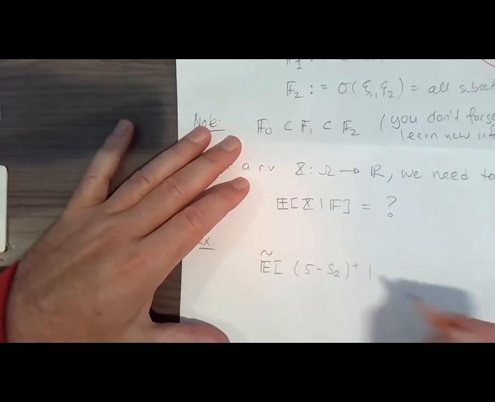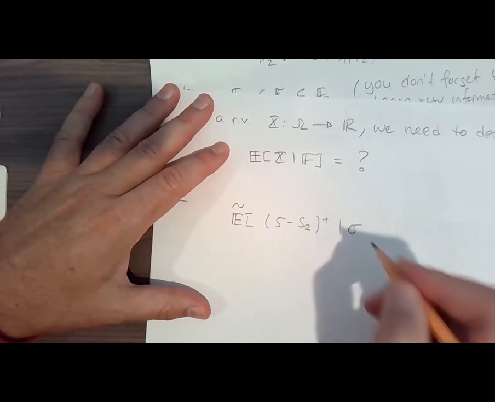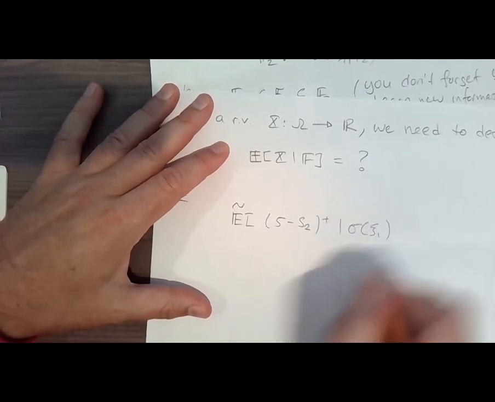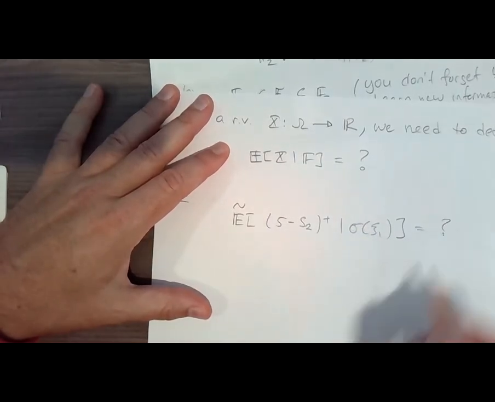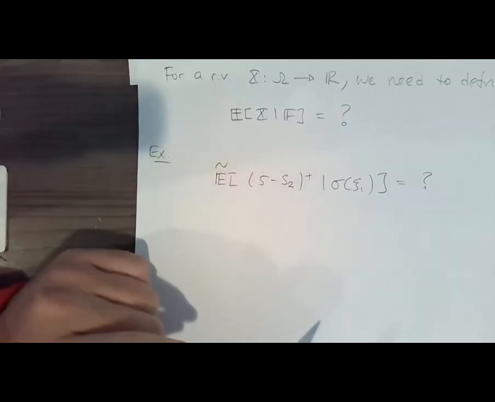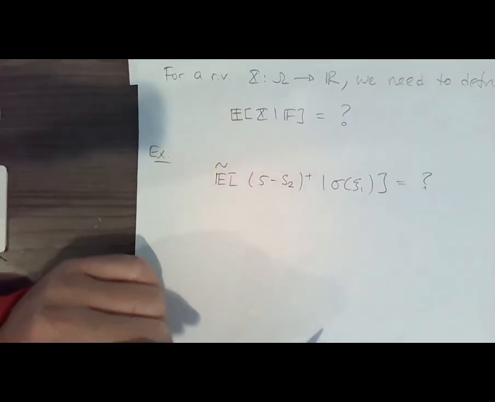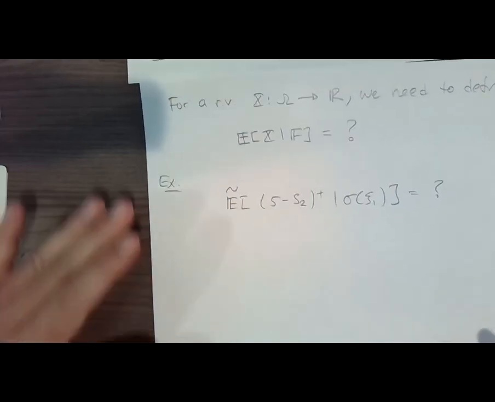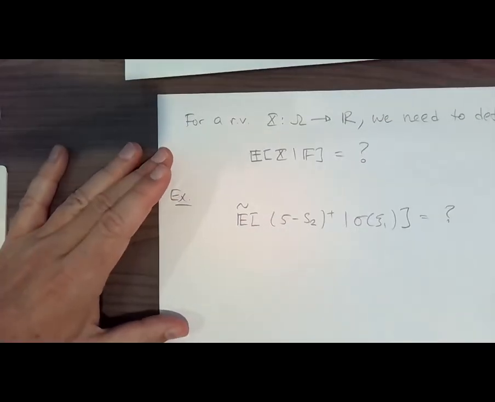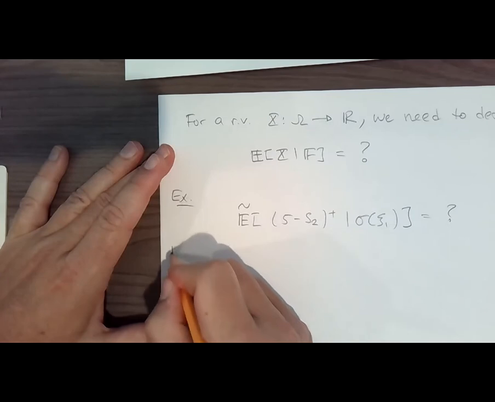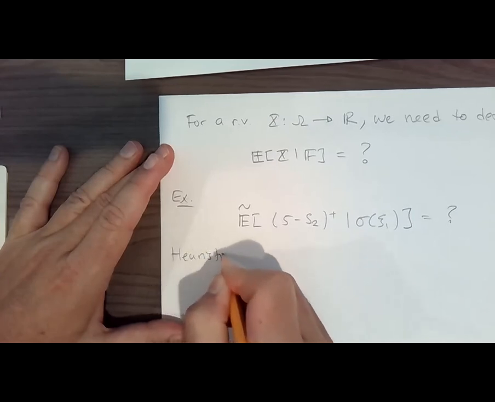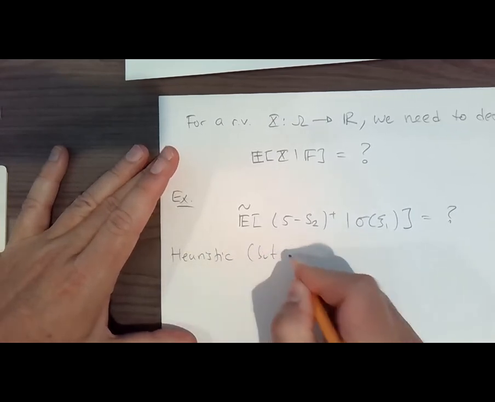We really wanted to compute this conditional on knowing the first coin flip. What is this equal to? Well, let's give it a go. Let's just try it out. So let's just do a heuristic, but this is actually correct.